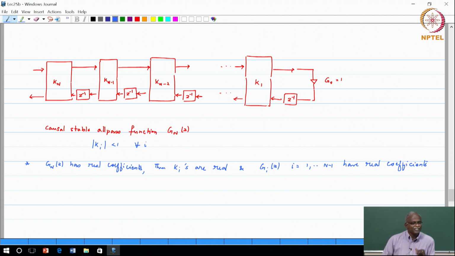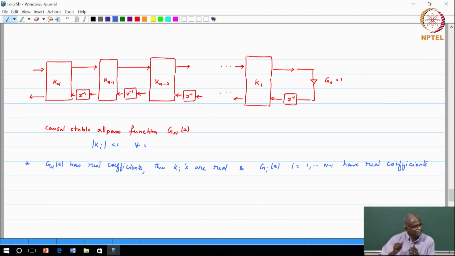Now, have you seen this structure anywhere other than signal processing? You have seen it somewhere. There is something called Routh-Hurwitz criterion for stability of a transfer function. You take a polynomial, construct a numerator polynomial which is time reversed, and then you compute the k coefficients.